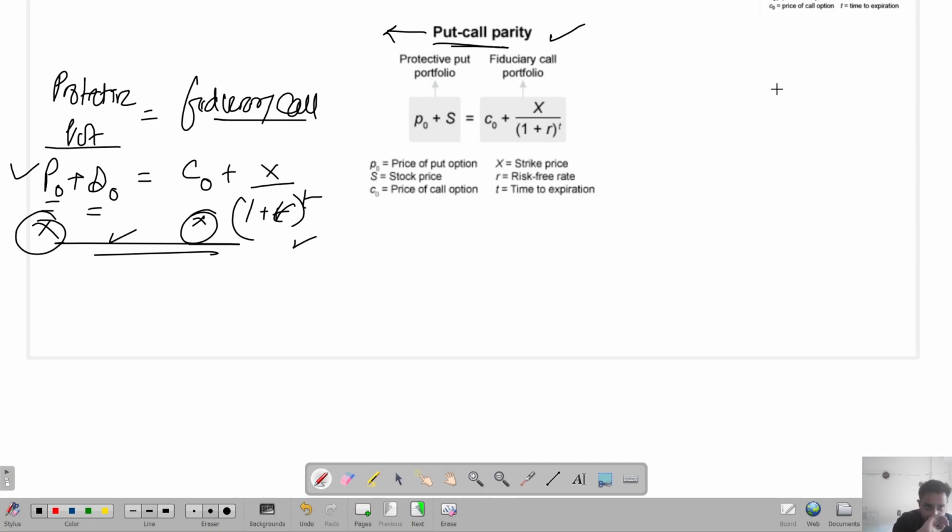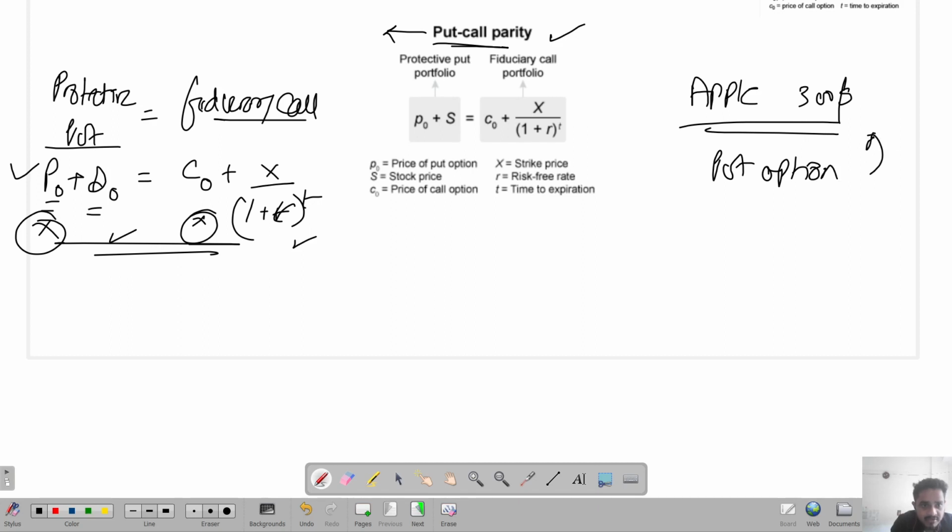Suppose you have bought the stock of Apple, and Apple is currently trading at $300. You're worried that the Apple stock might fall in the future. So in order to hedge against that, you buy a put option on this Apple stock, which is currently trading at 300, for a strike price of 300.